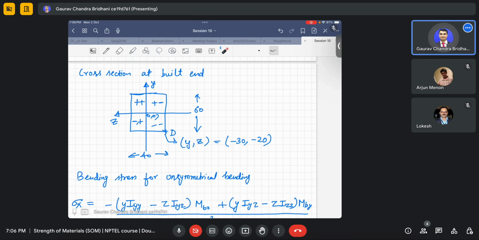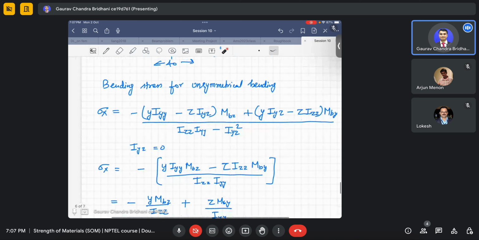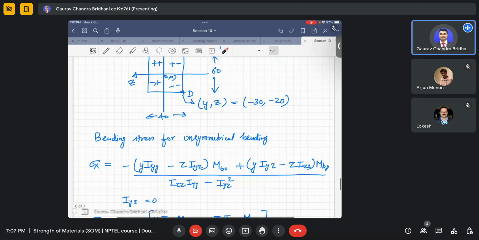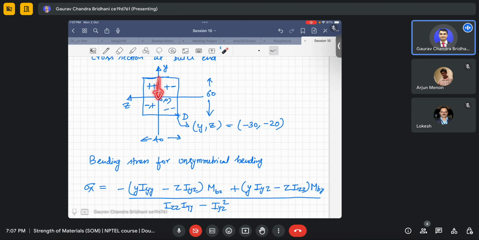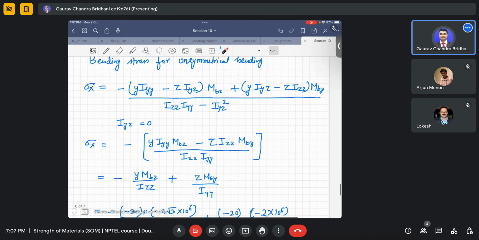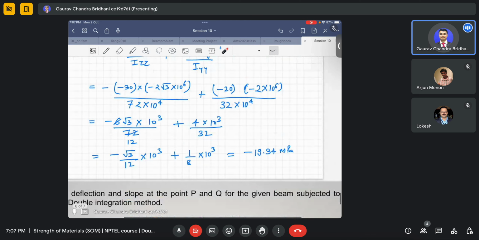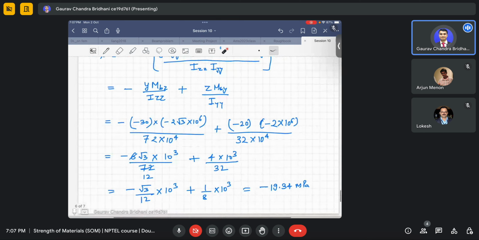And also in this case we are having a compressive value at this point, and anyway we are having a negative bending moment. So obviously if this MBY would have been 0, this would have been anyway compression. Okay, so this way we can find for any point.